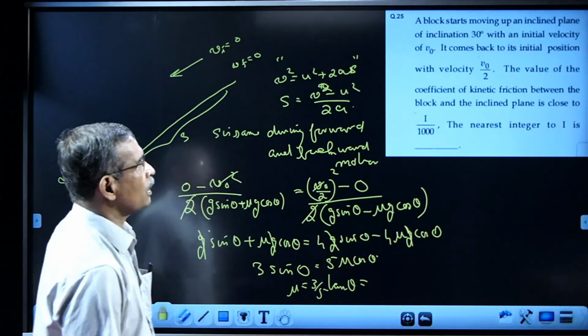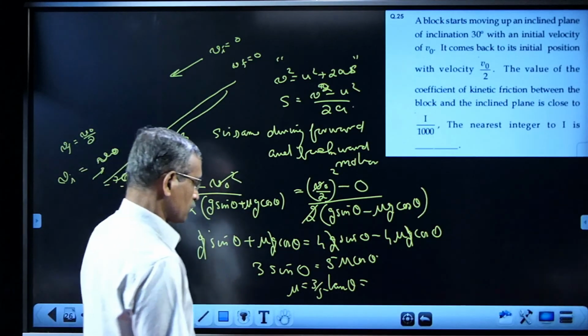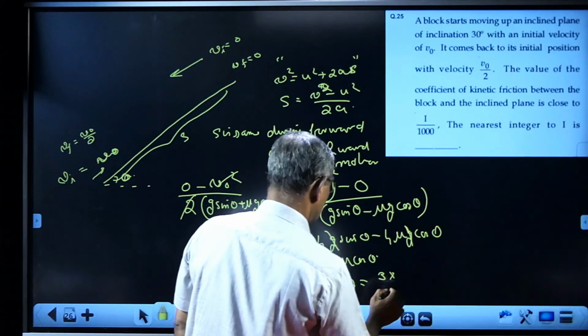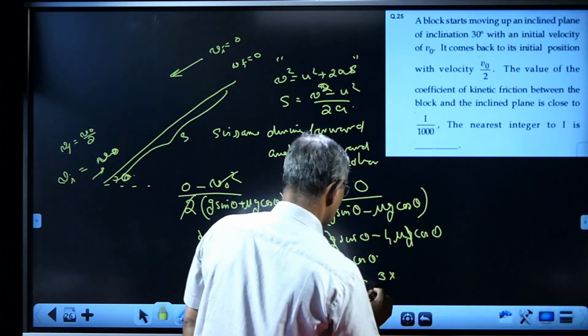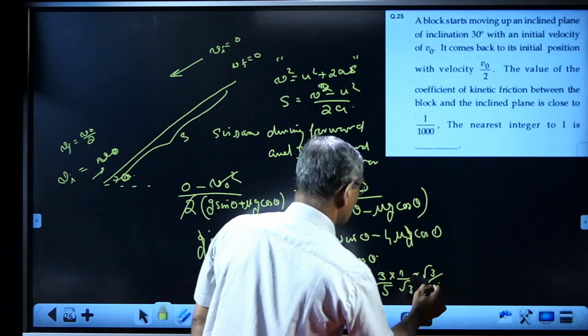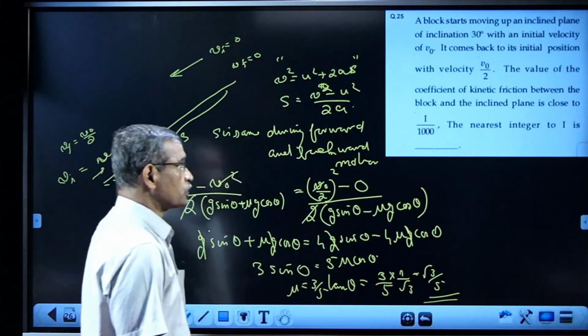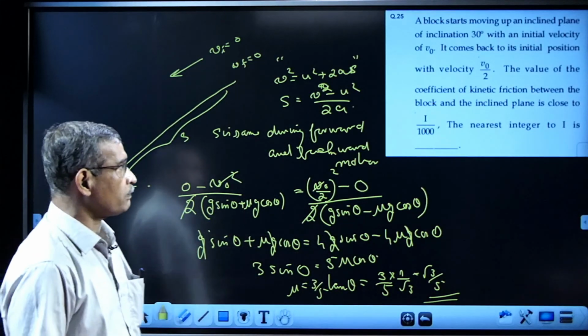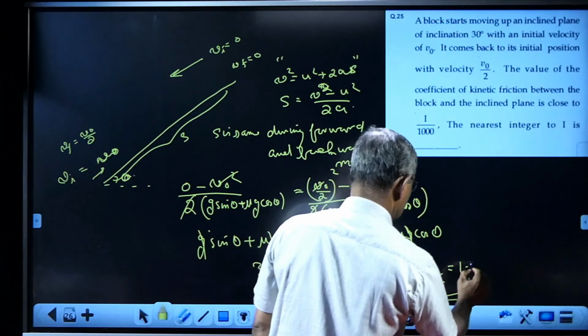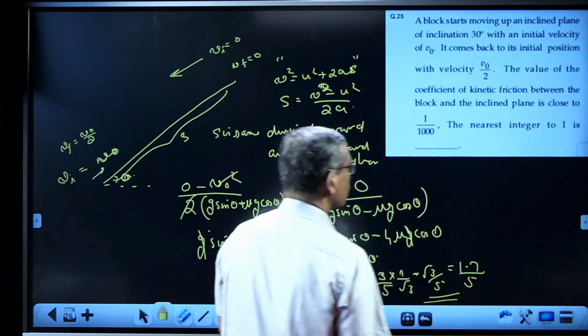Theta is given. How much is the angle of inclination? It is 30. Therefore, that is equal to 3 by 5 into tan theta, which is 1 by root 3, so 3 by 5 into 1 by root 3. Mu is equal to root 3 by 5. Root 3 by 5 means 1.7 by 5.